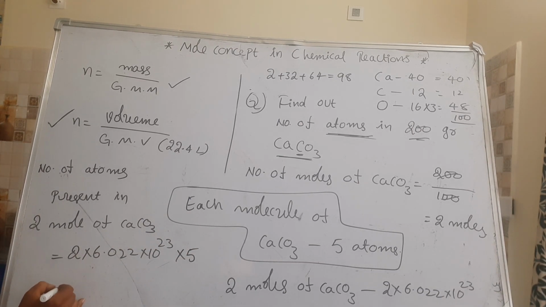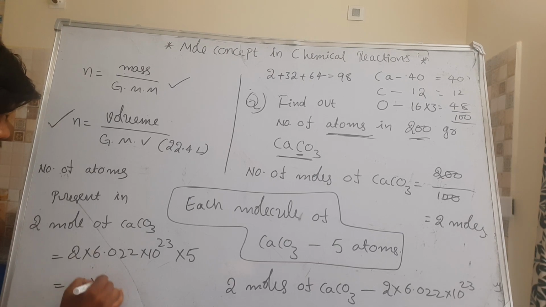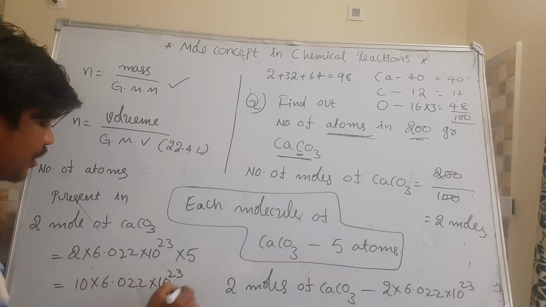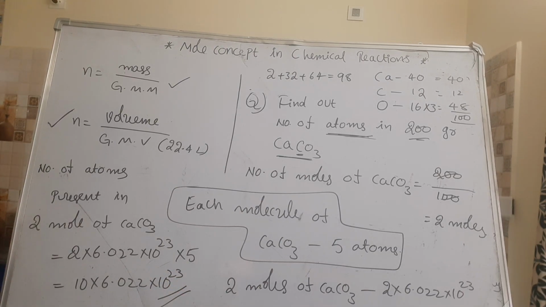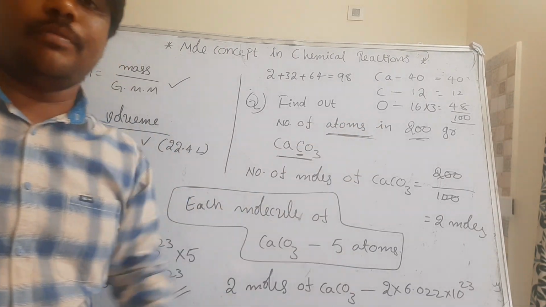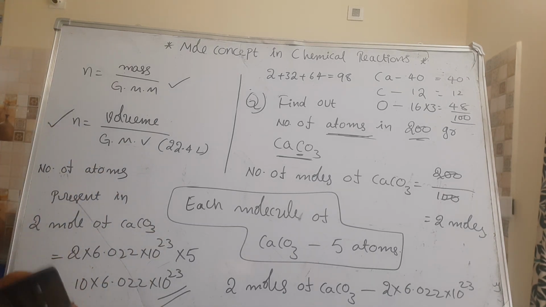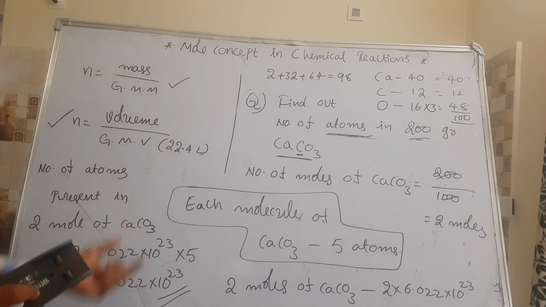That is nothing but 10 into 6.022 into 10 power 23. This is your answer. This much of atoms are present in 200 grams of calcium carbonate. You are getting my point, everyone? Easiest and easiest. These are the uses of these 3 formulas.